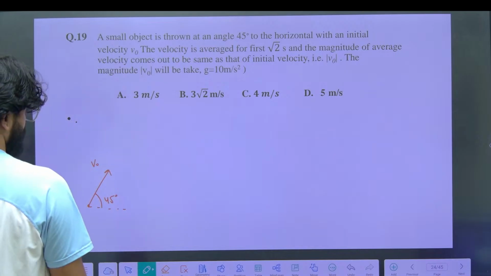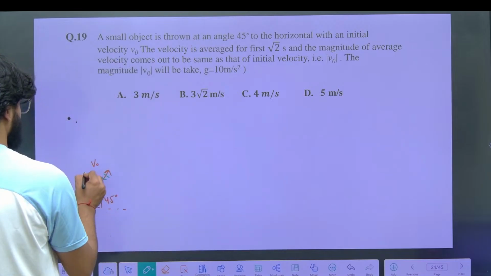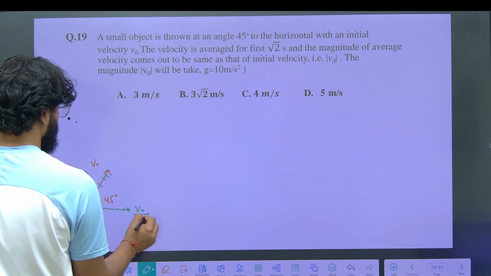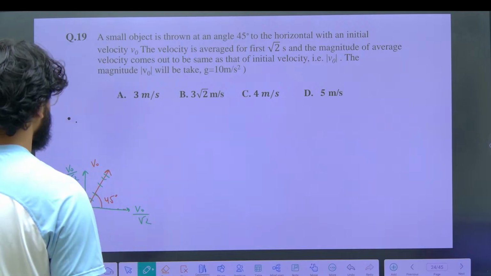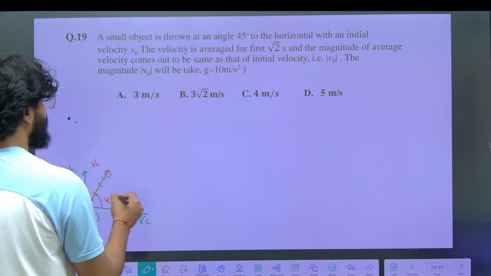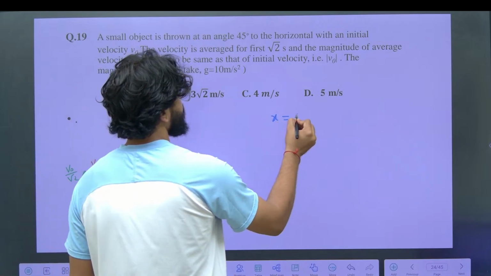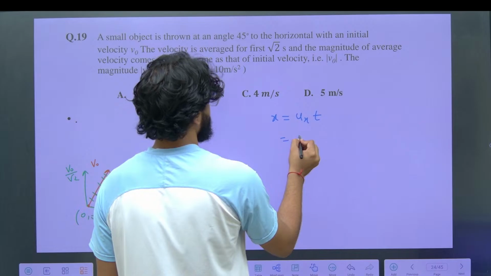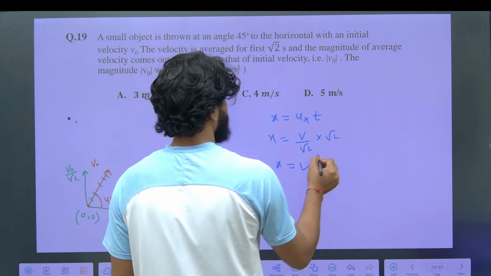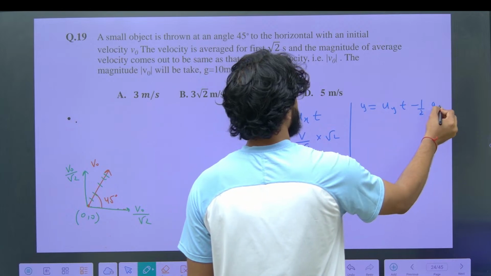Okay, so can we calculate this? It will be v0 by root 2, v0 by root 2. Okay, so if this is 0 comma 0, can we calculate after root 2 seconds where that guy will be? Okay, so x is ux into t, so that is v by root 2 into root 2, so x will be v. Similarly, we can calculate y, which is uyt minus half gt square.